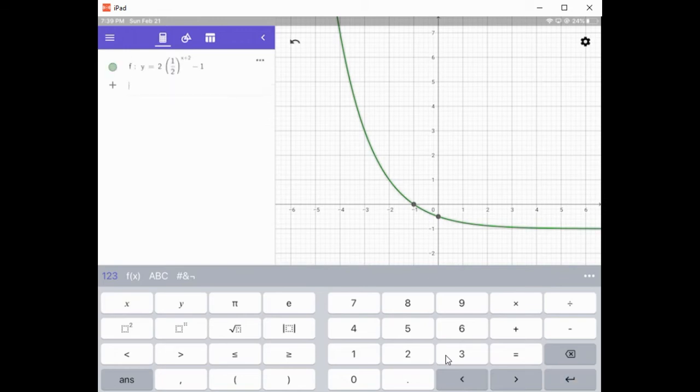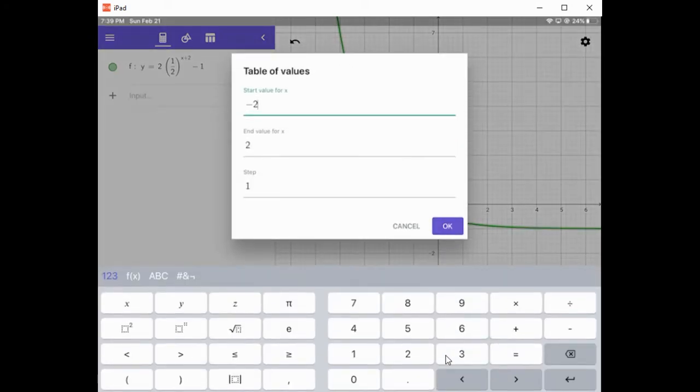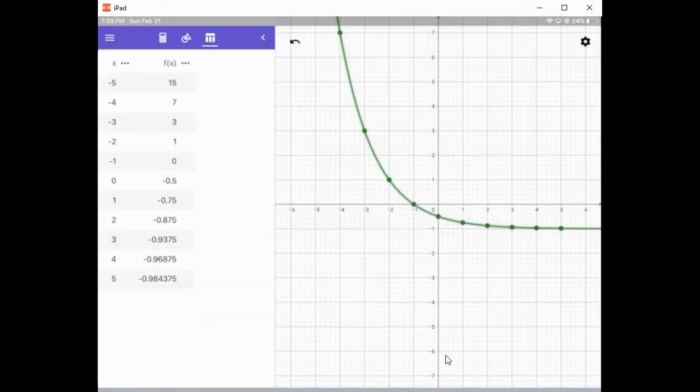So that's what the function looks like. But if I want to get some actual points to plot, I'm going to get a table of values. And again, I'm going to go from -5 to 5. I'm just going to plot the points that are not decimals and that will fit on my graph.